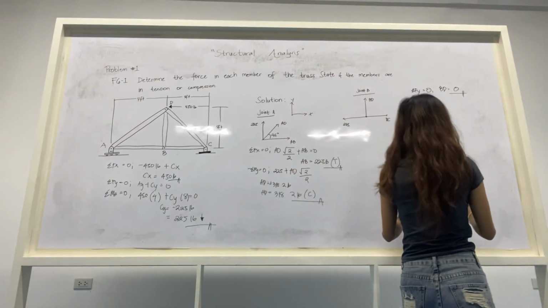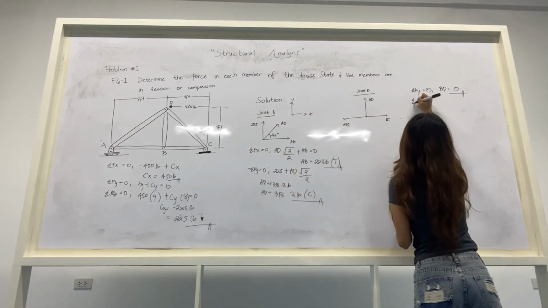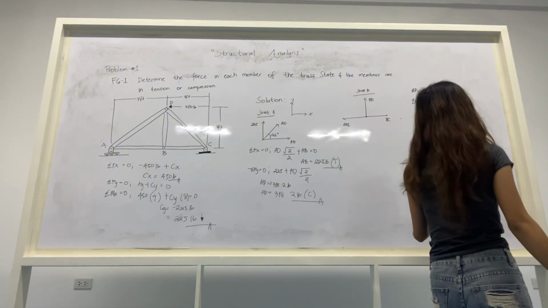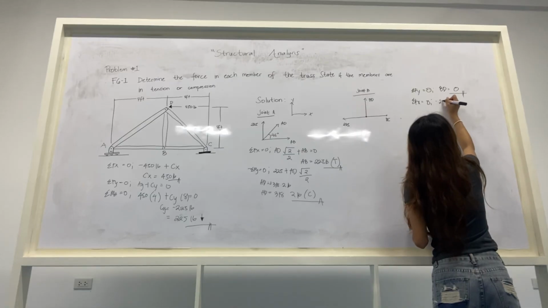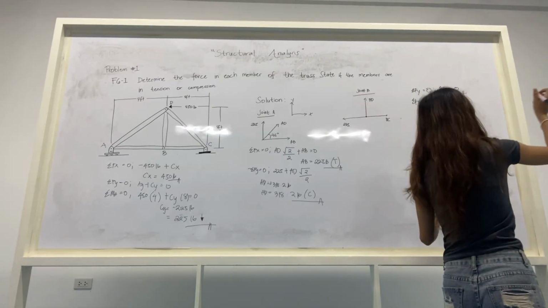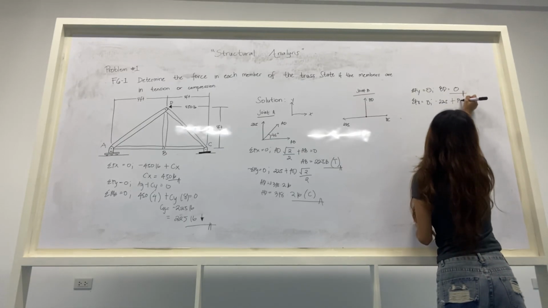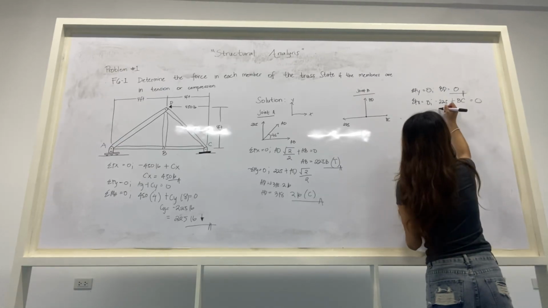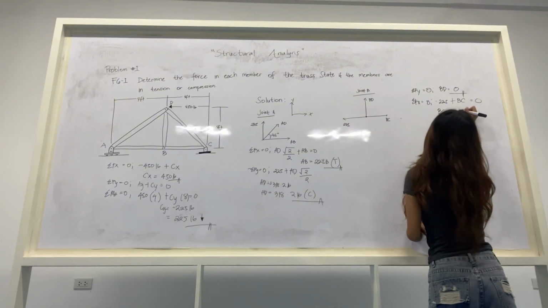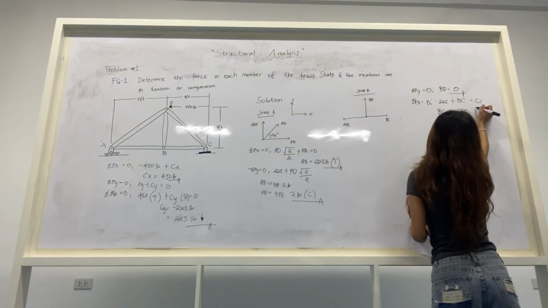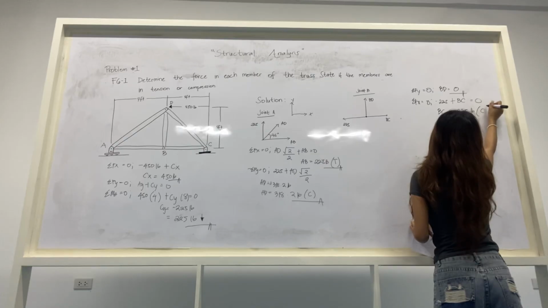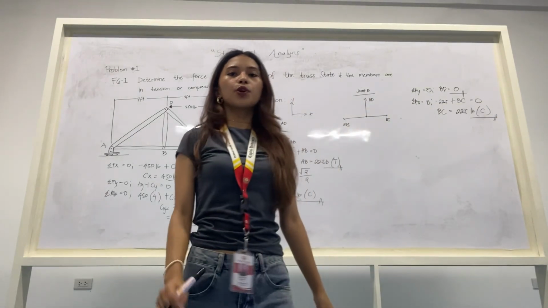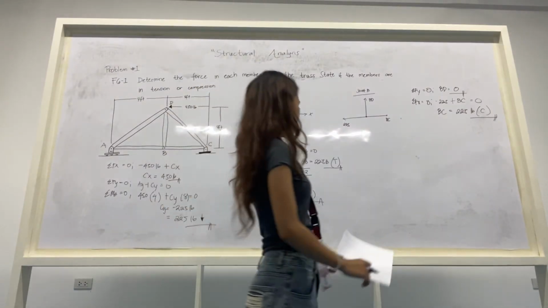Then, for the summation of Fx equals 0, we have negative 225 plus BC is equal to 0. So we have our BC is equal to 225 lb compression. So that's our answer for the joint B. So next, we can proceed to the joint C.